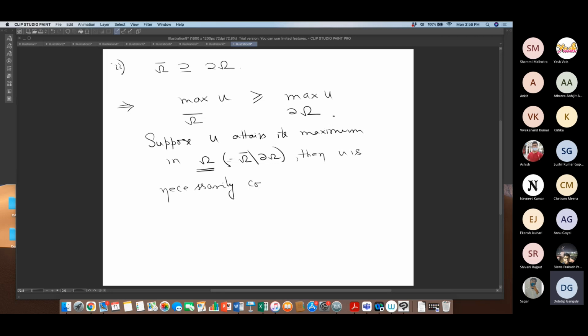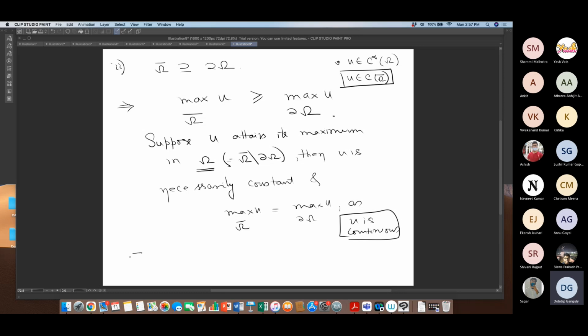And of course, the maximum of U in this case equals the maximum of U on del omega, as U is continuous up to the boundary. That is why I have this hypothesis, because we know that U is C infinity in omega, but we don't know about up to the closure. So it is given that U is continuous up to the boundary.